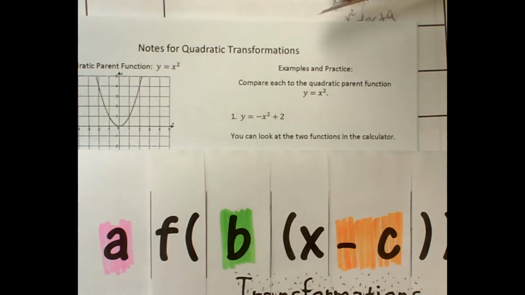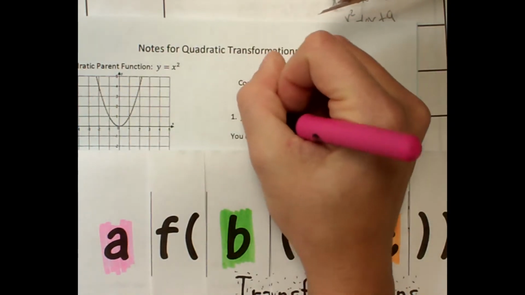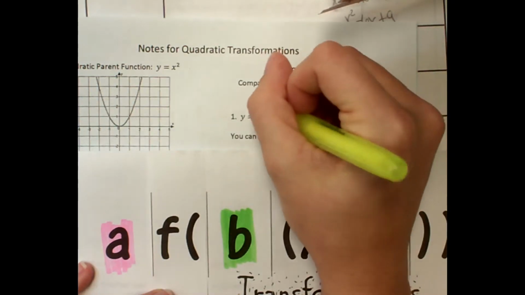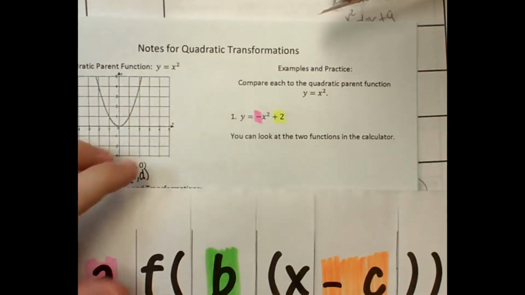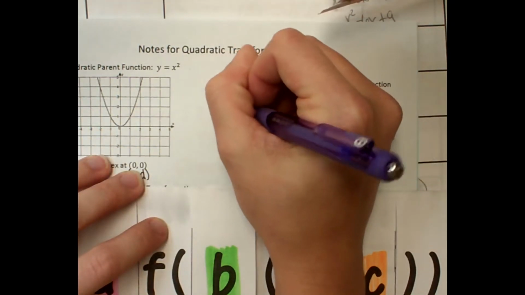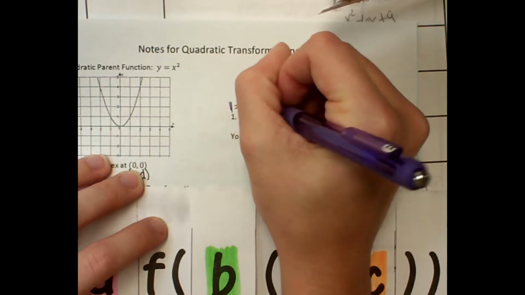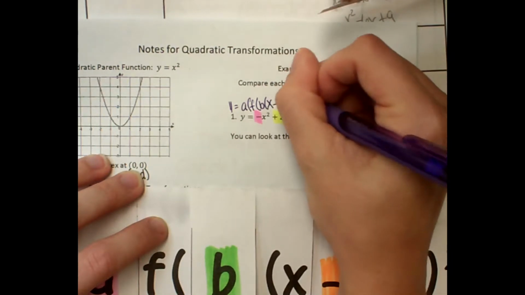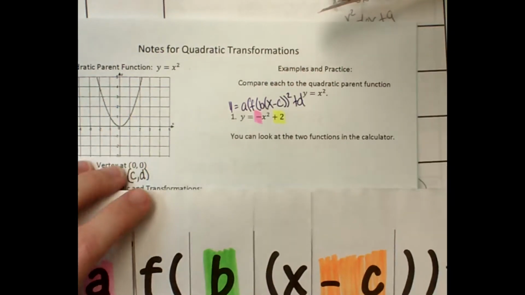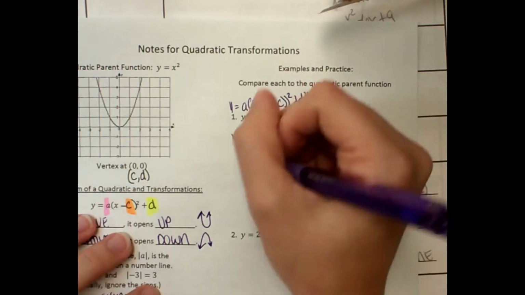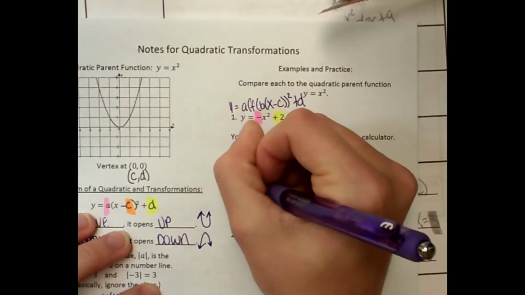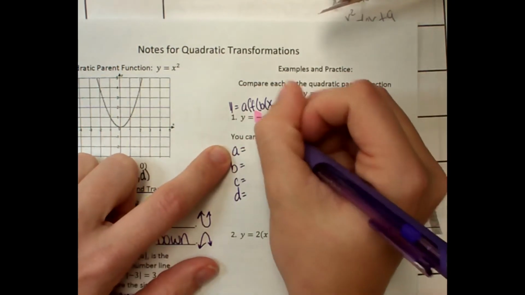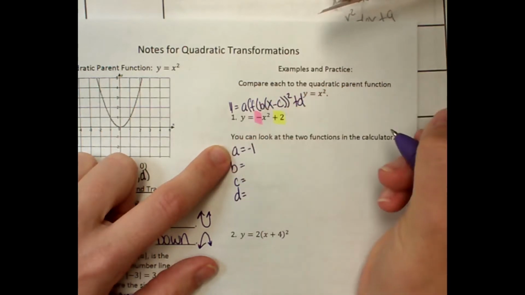The A is the guy that's out there in front of the X. And then since there's no parentheses, there's no B or C, making this my D. So what we can write down is that, remember, it's y equals A f of B x minus C squared plus D. As we look, we're going to identify our A, our B, our C, and our D. My A in this case, what I highlighted in pink, is a -1.